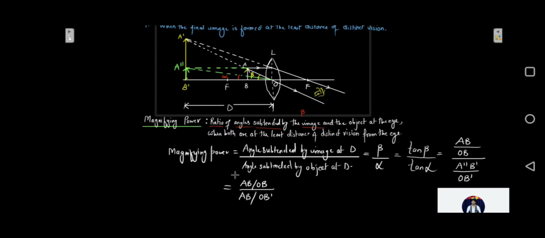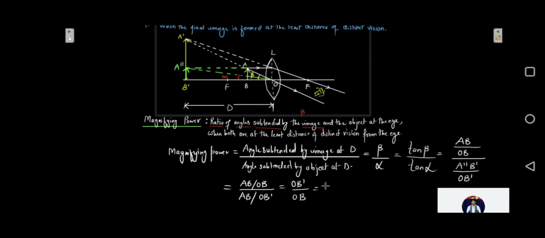Okay, and what we are going to get is OB dash, this will go in the numerator, divided by OB. So applying the sign convention over here, OB dash is nothing but D. We are going to measure all the distances from the optical center. So we are going opposite to the incident ray, and since we are going opposite to the incident ray, the distance is going to be negative.